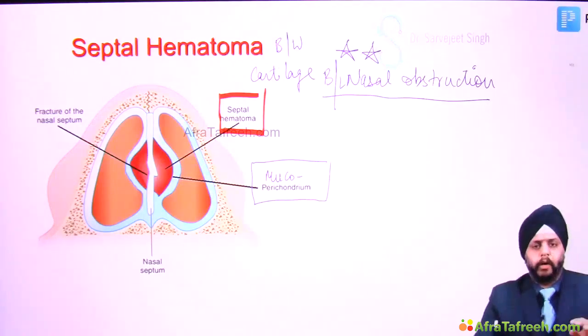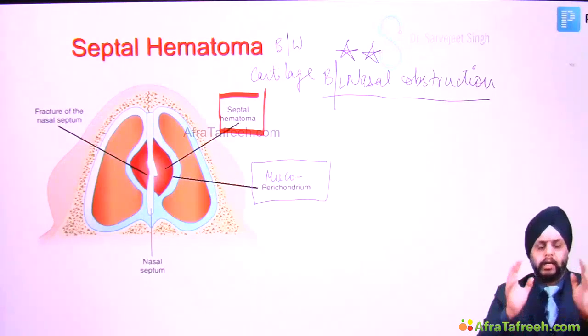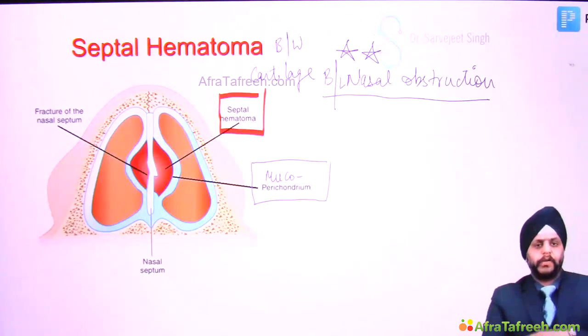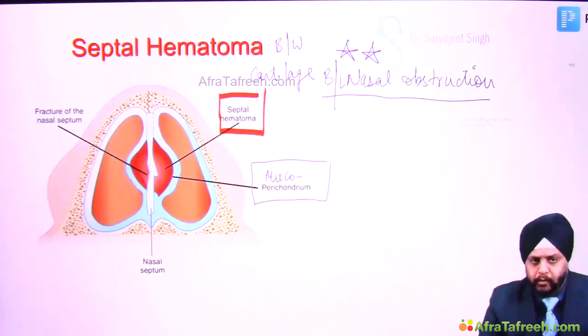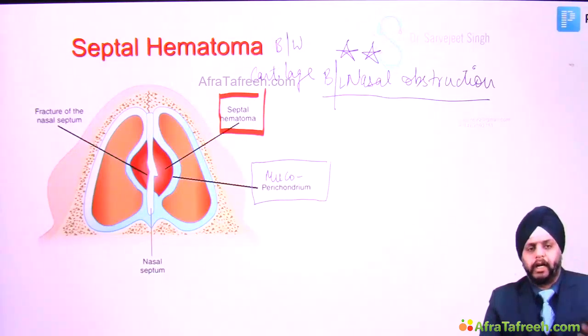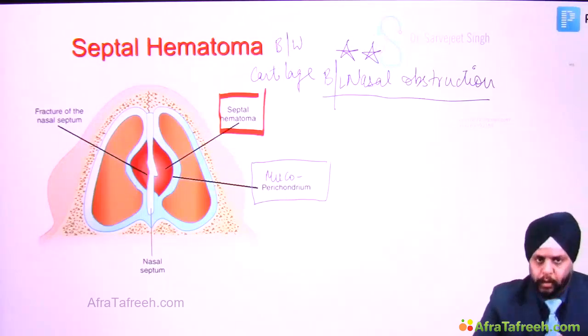So that is important. Patient has bilateral nasal obstruction after a history of trauma, or let's say patient had a fall, was walking, or fell from the bed and hit the nose. That is also a kind of blunt injury, and the patient will have bilateral nasal obstruction because of formation of septal hematoma.